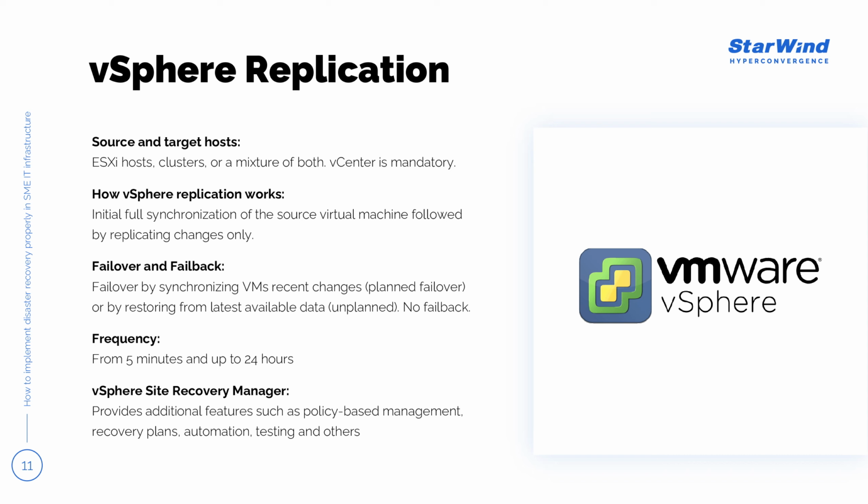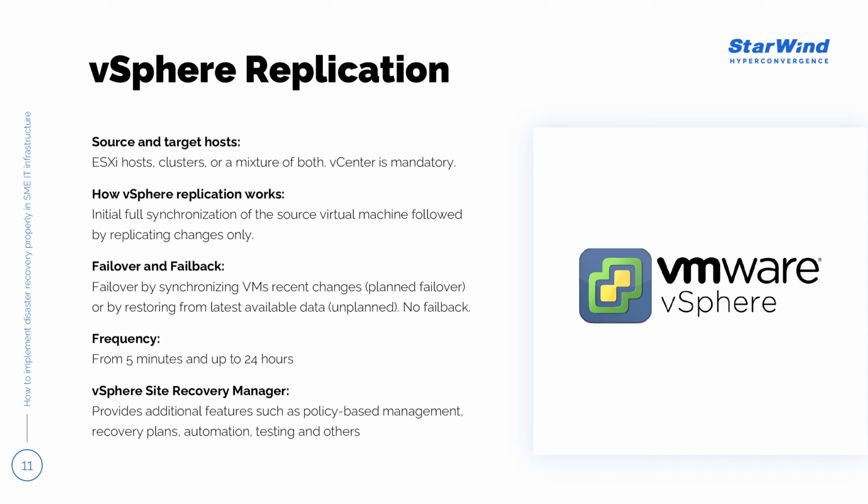So this is something you would use when planning to perform maintenance, for example, in your primary site. And correspondingly, use latest available data means that you can perform this operation during the actual disaster, and it also allows selecting to which point in time to travel in your virtual machine if you have configured vSphere replication to keep multiple recovery points.